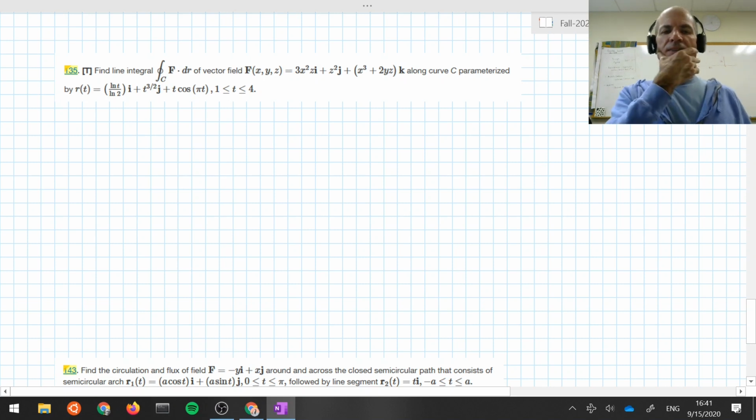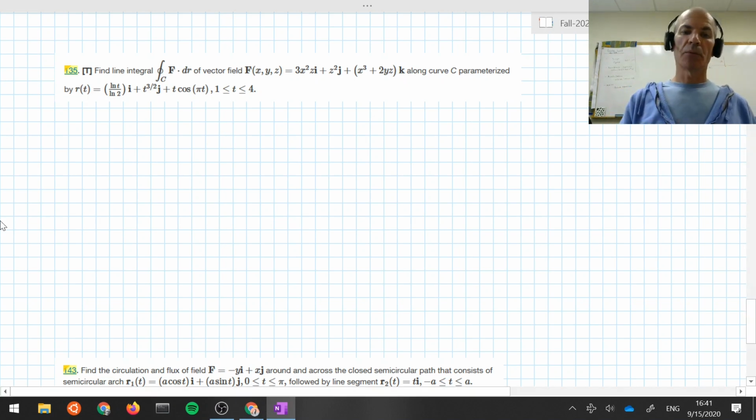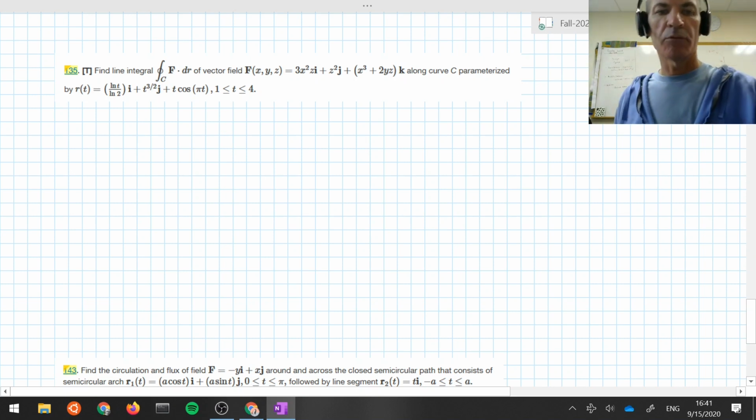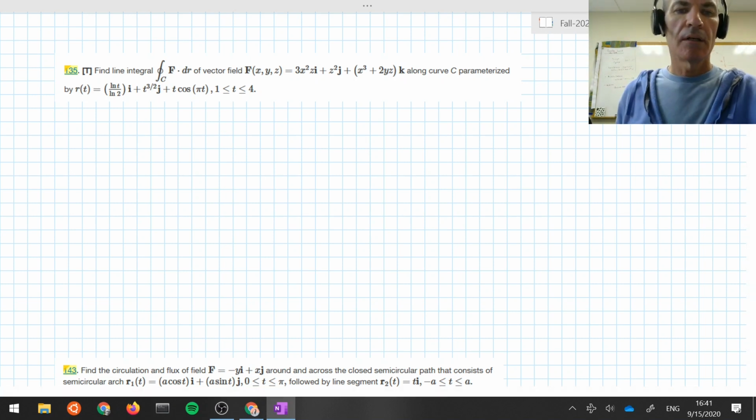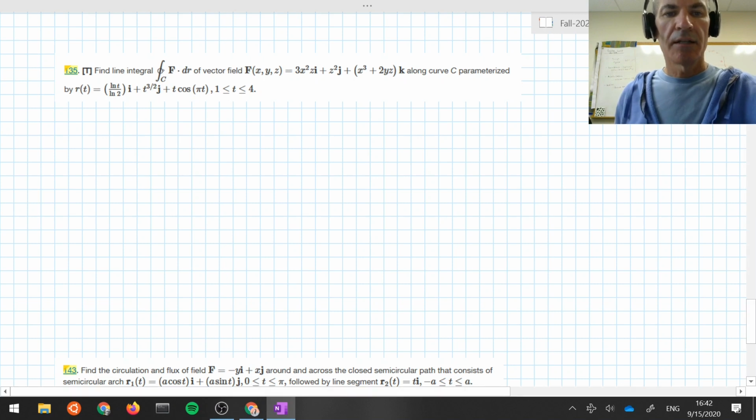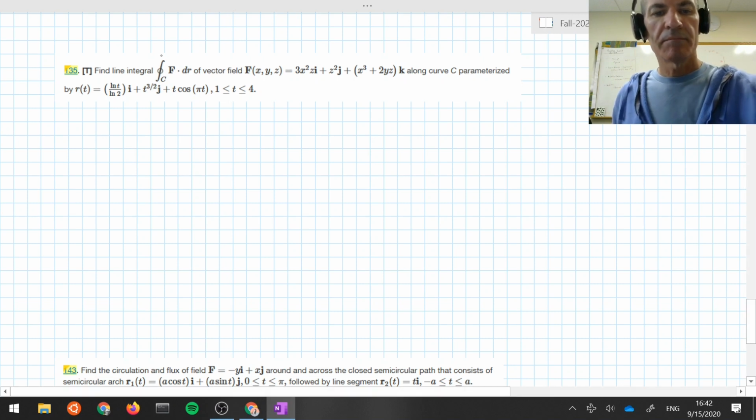All right, I thought it would be important to do a three-dimensional one, so let's do that. Here we have a curve. Now, I want to make a note here, and I've reported this typo to the textbook authors. This little symbol right here indicates a closed line integral.